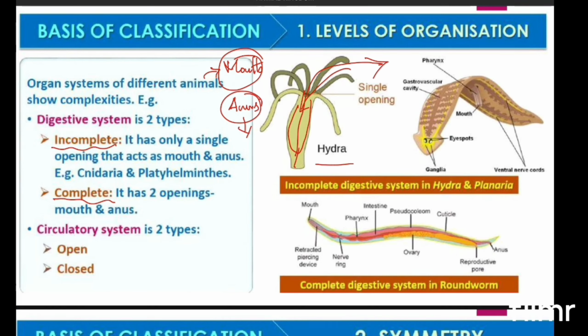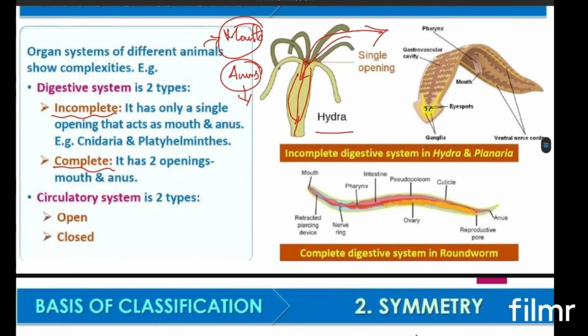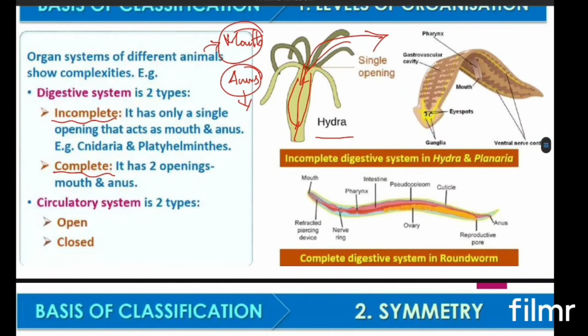There is only a single opening which acts as both mouth and anus, for intake of food and also excretion of waste material. In the complete digestive system, as in human beings, there are two openings, the mouth for intake and the anus for removal of the excretory part.